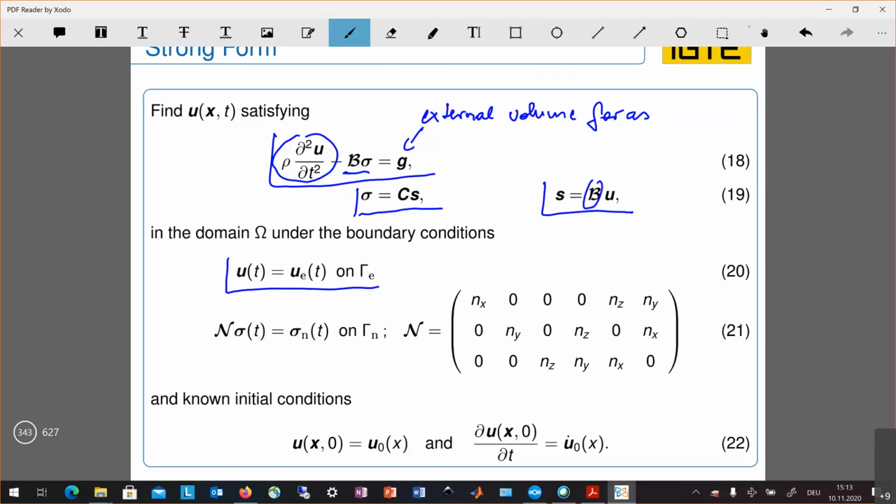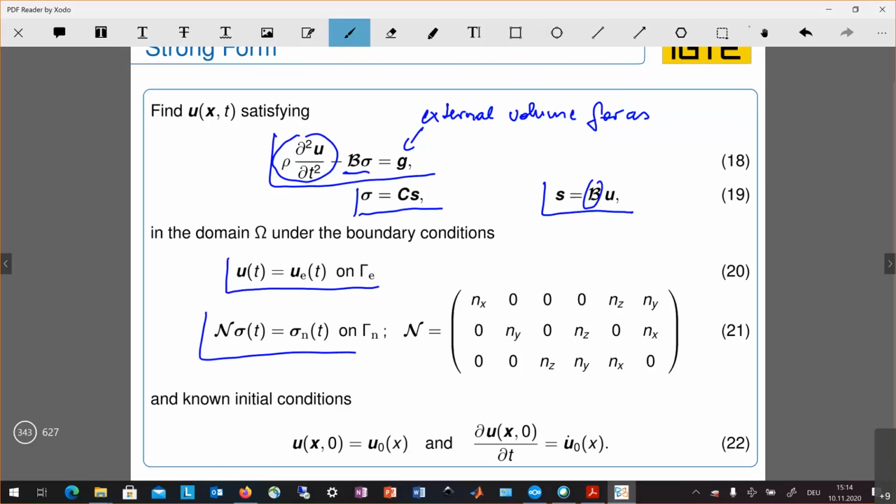And we can also prescribe some stresses on the surface of the computational domain, which we will discuss in detail shortly. And that can be done again when we use our Voigt notation, where we collect our 6 unknown stresses or 6 unknown strains in the algebraic vector, where we first have the normal components and then the shear components by such an operator n.